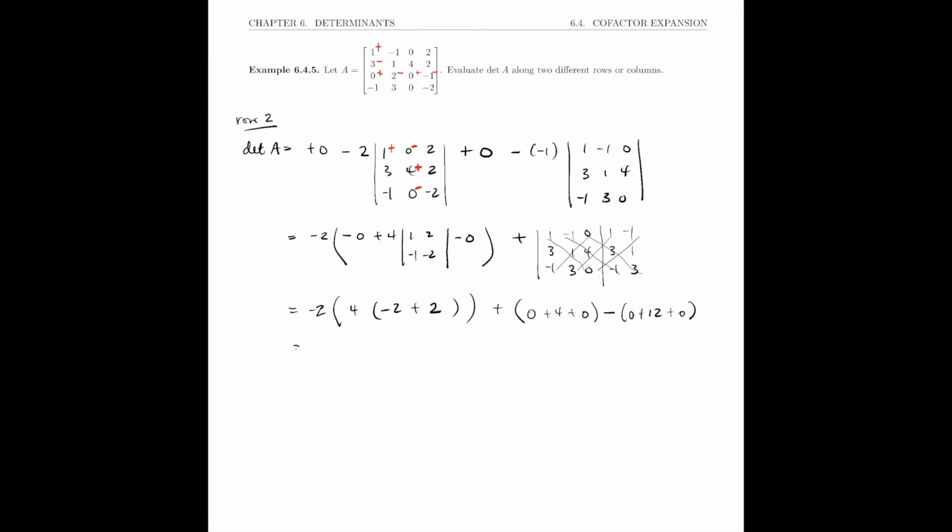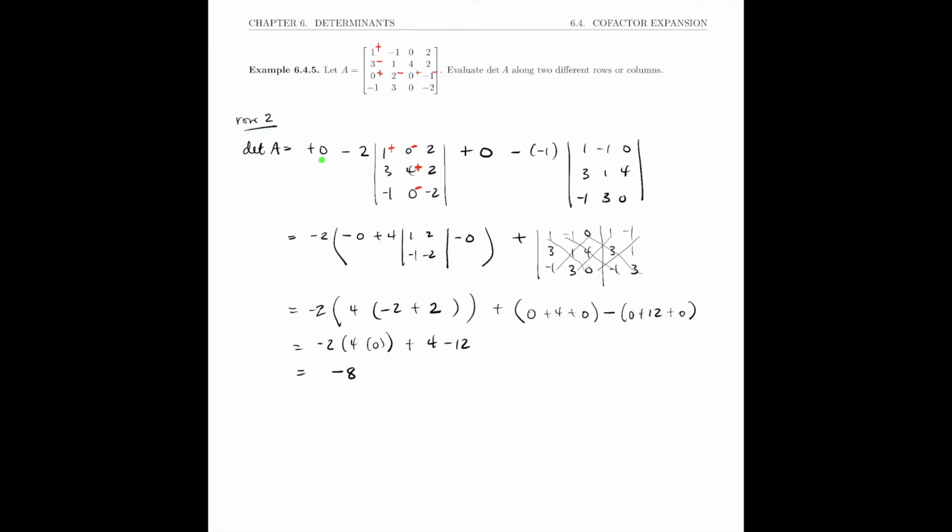All right, so what do we have here? Minus 2 times 4 times 0, so that's all just going to be 0, and then plus 4 minus 12, and so we get 0 minus 8. So minus 8 is the determinant that we get along row 2.